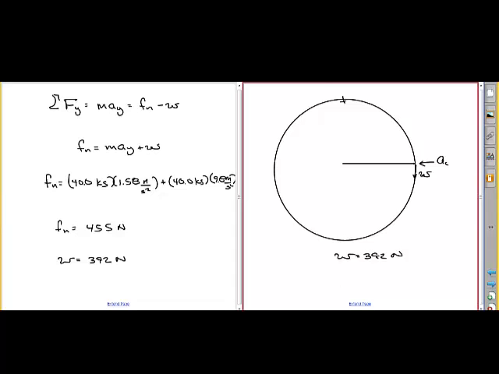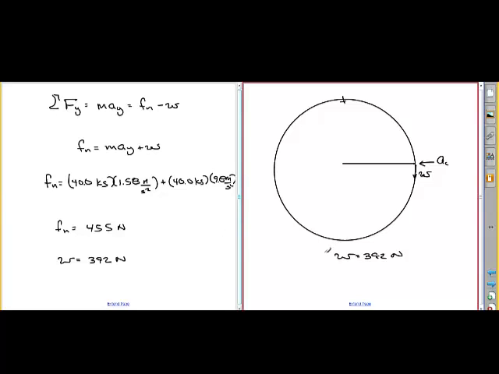If you were at the top, then you would have 392 minus the difference between these two, which was 455 minus 392, so 63. So you'd have 392 minus 63. Okay, so that's the answer for part C. Or part D. Oh, I forgot the highest part.